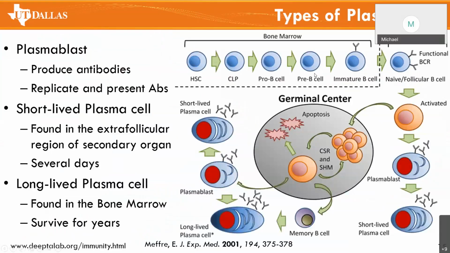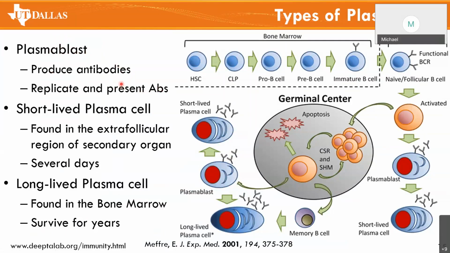So there are different types of plasma cells. There are plasmablasts, and plasmablasts are different from plasma cells in two ways. Plasmablasts are able to proliferate, and plasmablasts still have a B cell receptor present on their membrane. Plasmablasts can produce antibodies at a higher amount than B cells, but they are relatively short-lived.